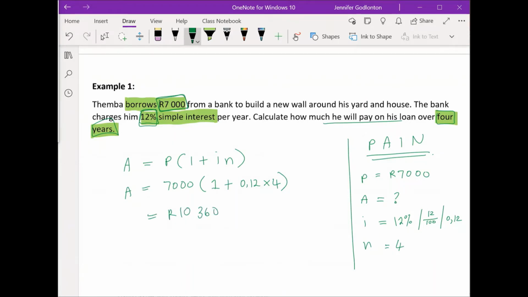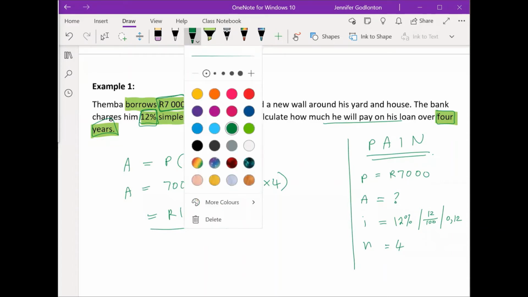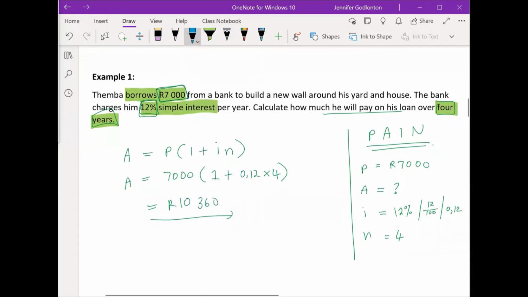If we chuck that into our calculator, we're going to get a total of 10,360. Now, if you use that other formula that you'd learned in class today, let's just talk about what you would have to do, just so that you know and you don't stress. We would say SI is equal to P times R times T, which would be our 7,000 times our 0,12 times our 4.